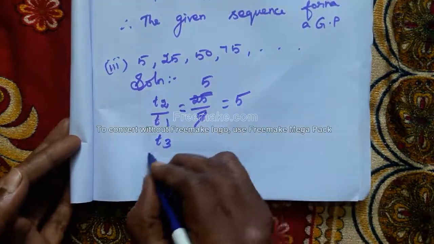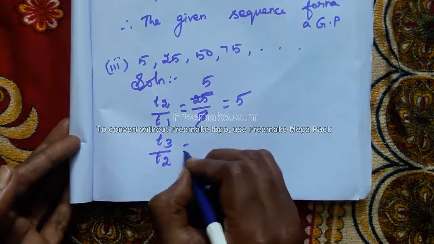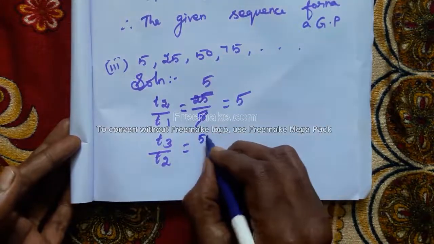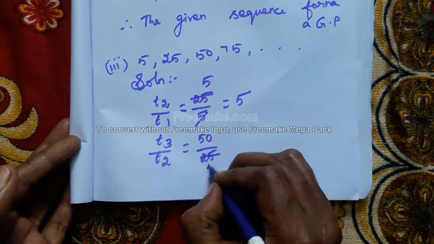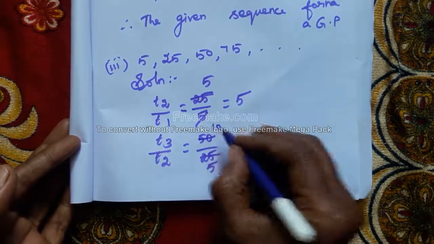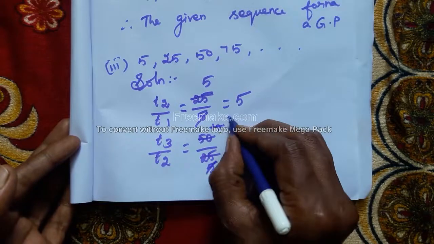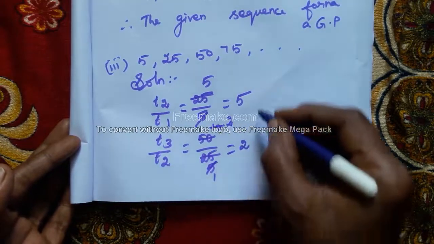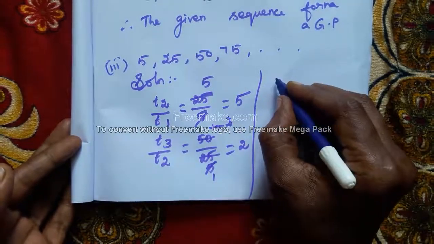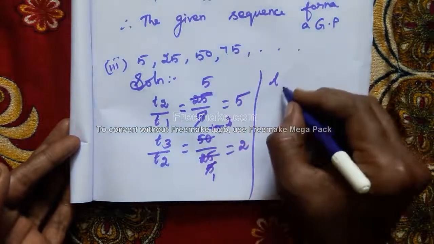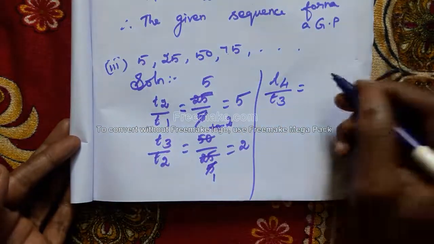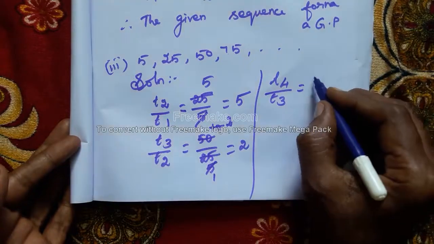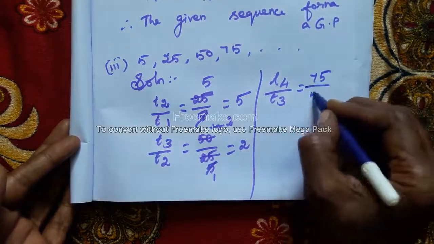Next, T3 by T2 is equal to 50 by 25. So we can cancel by the 5 table: 5 fives are 25, 10 is 5 twos. That is equal to 2. Next, T4 by T3 is equal to 75 by 50.